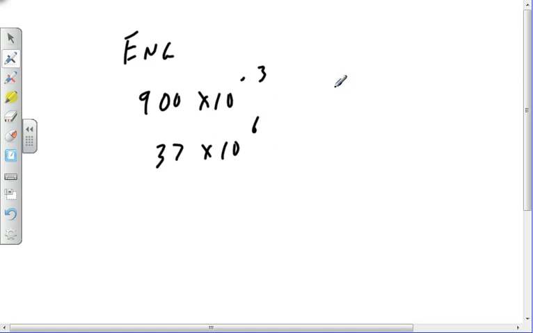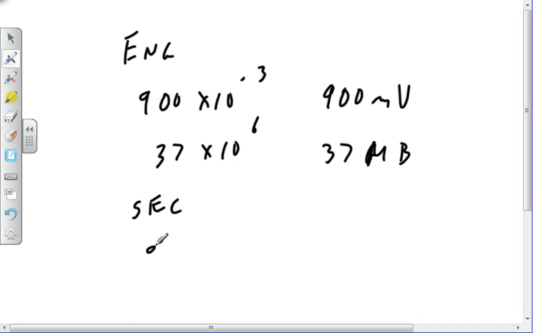Okay, and then I'm going to write that down as 900 millivolts maybe, 37 megabytes. Something like that. If I had my calculator in scientific notation, then this would be 9 times 10 to the minus 1. That would be 3.7 times 10 to the 7th.